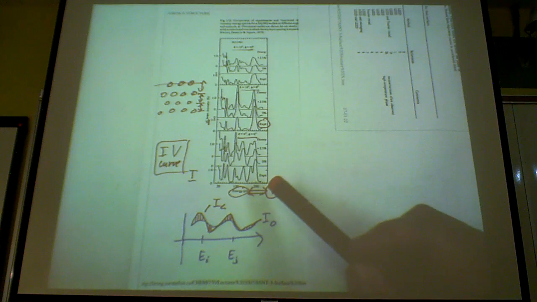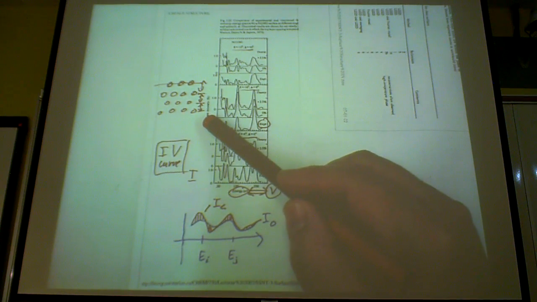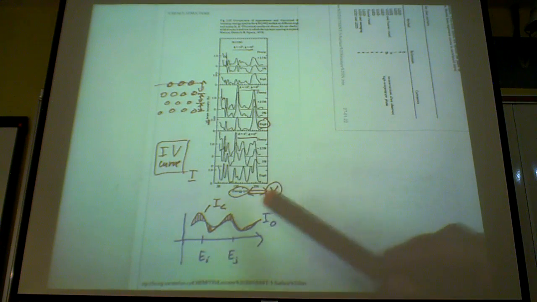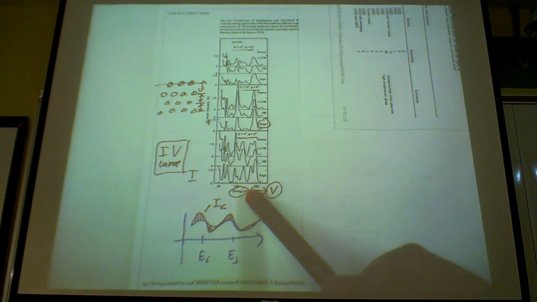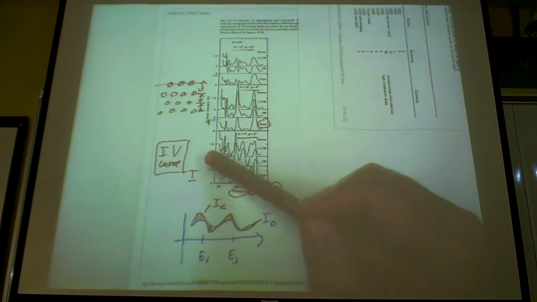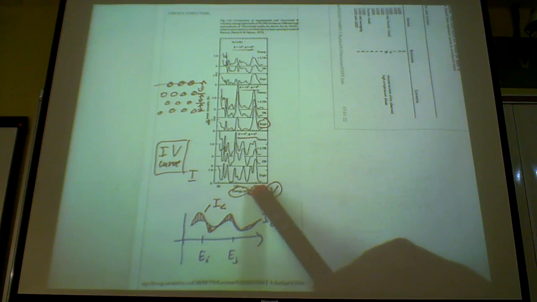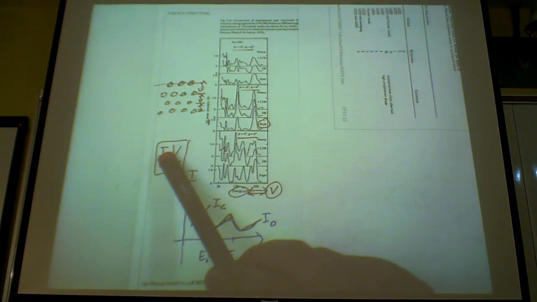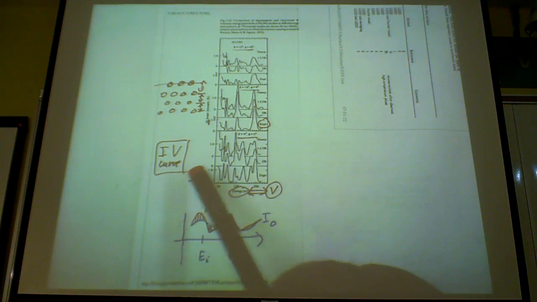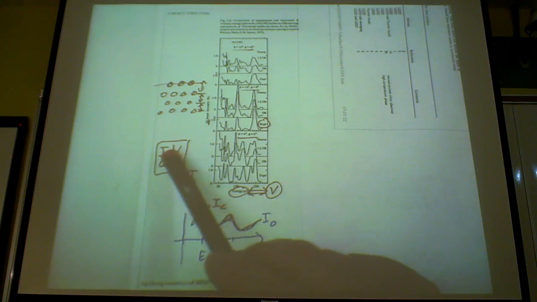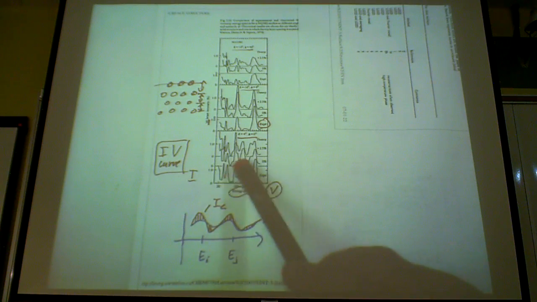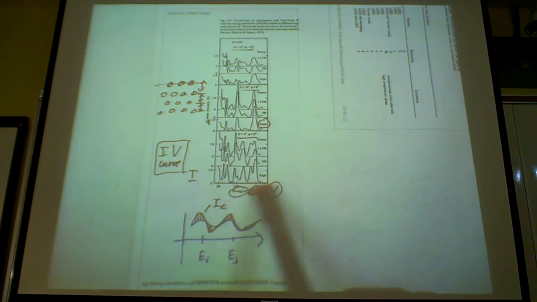Okay, so I'm measuring the 00 beam, the primary beam that comes back. Okay, and I'm measuring as a function of kinetic energy. And I measure the current, which is the diffracted beam, as a function of voltage. So this is why I sometimes call it an IV curve, intensity or current, whichever you want to call it, intensity-voltage curve, right? And I see different spots depending on the kinetic energy like this.